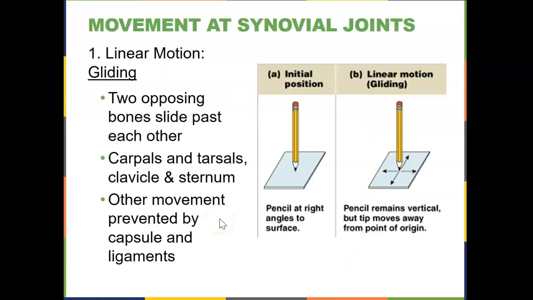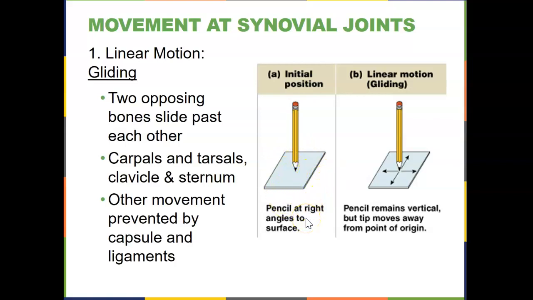So let's look at the movement. What types of movement do joints allow us to produce? There's gliding movement. In the synovial joints, the joints that allow us to bend, there are two opposing bones, like the femur and the tibia, that slide past each other. Other examples are the carpals and the tarsals, and the clavicle and the sternum. If you represent movement as this pencil, the gliding motion allows the pencil to go forward and back, or right and left.